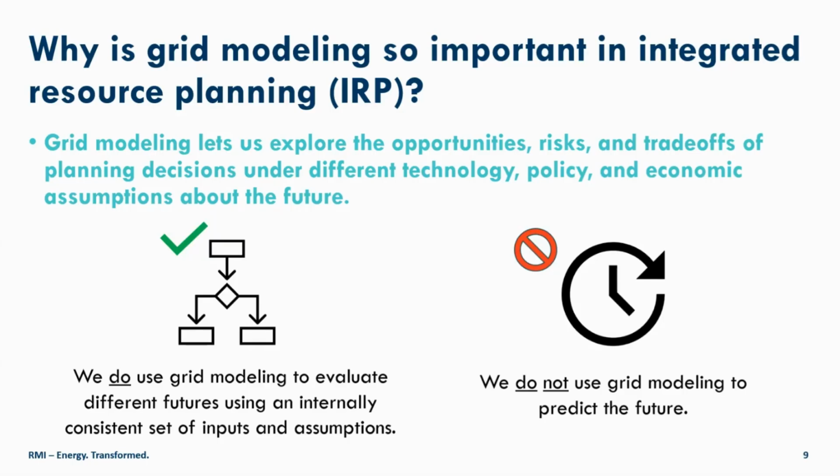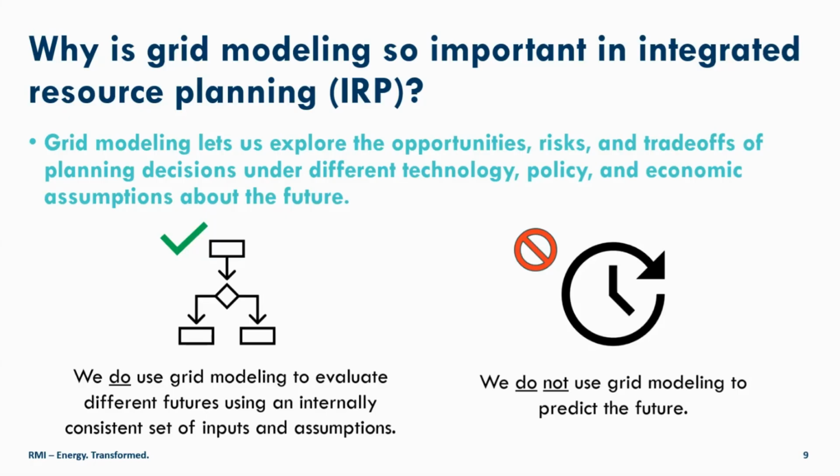We do use grid modeling to evaluate different futures using an internally consistent set of inputs and assumptions. By different futures, we can think about different technology costs, different policies, economic assumptions, helping us craft some version of a future world.